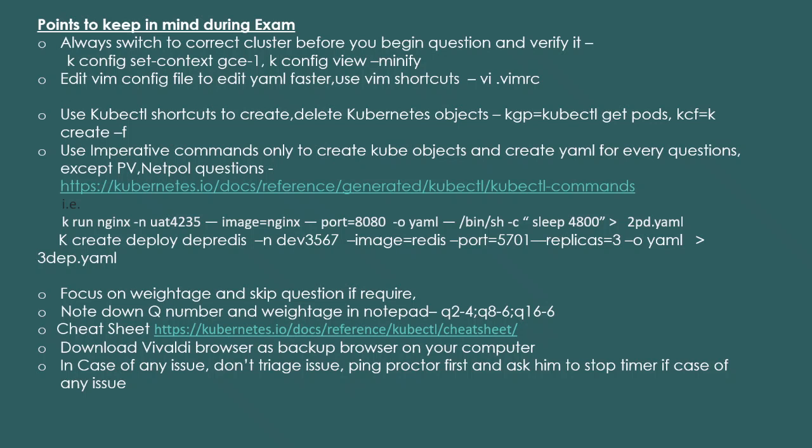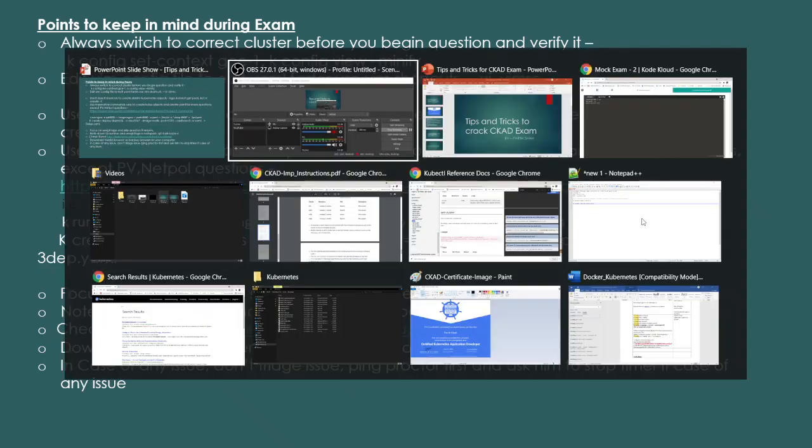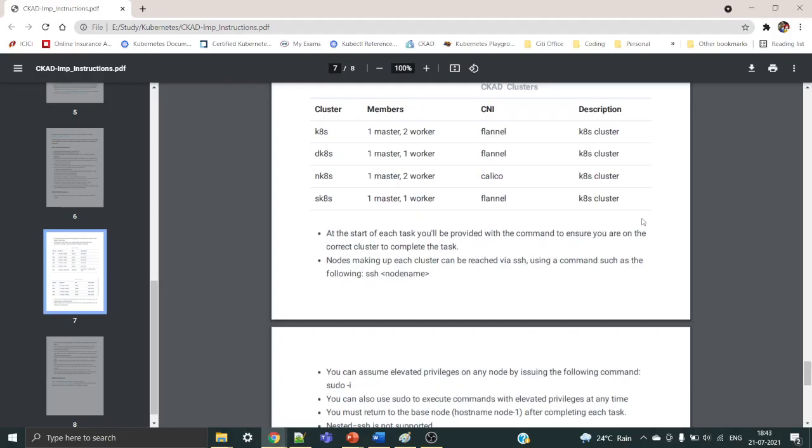So now, let's start with our today's agenda. The first point is that in the CKAD exam there will be 4 clusters. If you see, this is the CKAD documentation. They have clearly mentioned there are 4 clusters. You need to switch to the correct cluster before you start solving your exam questions. For CKAD they will give the command to switch to the correct cluster.